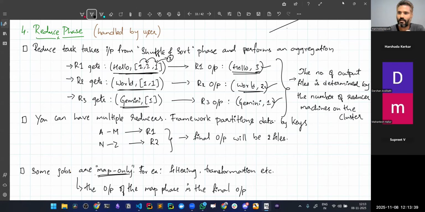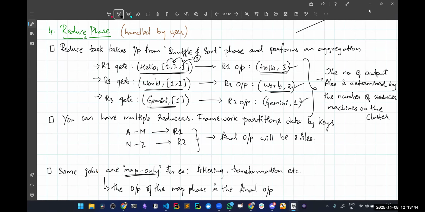Generally, if our data is very low, we will have only one single reducer, aggregate the data at one single place, and get one output file. If we have multiple reducers, we have to have some sort of logic to finally get the data out.